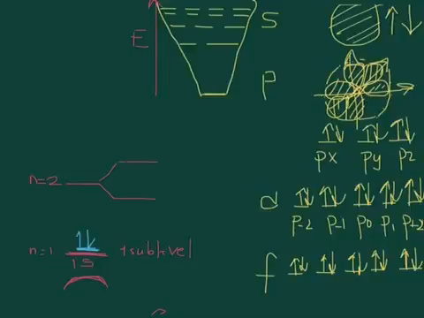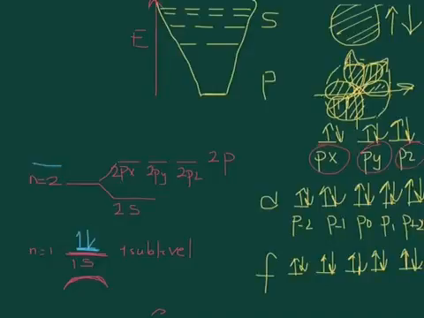We call these sublevels, according to their size and shape, the s sublevel, actually 2s because it's in the second energy level, and the 2p sublevel. Again, the p orbitals can be named px, py, and pz, or 2px, 2py, and 2pz. We can put the electrons into these orbitals.